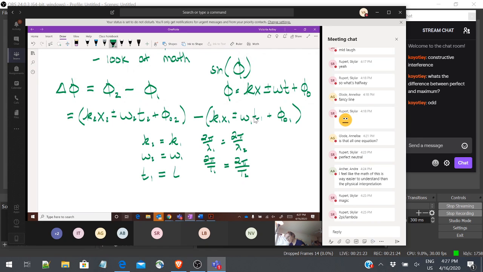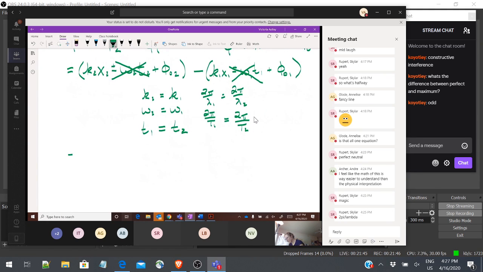T1 is equal to T2 because we are interested in the same moment of time for both of them. So what that means is that this term and this term just cancel. Totally gone. So we are left with delta phi is k x2 plus phi naught 2 minus k x1 plus phi naught 1.